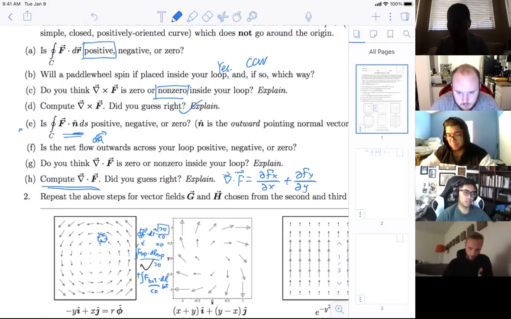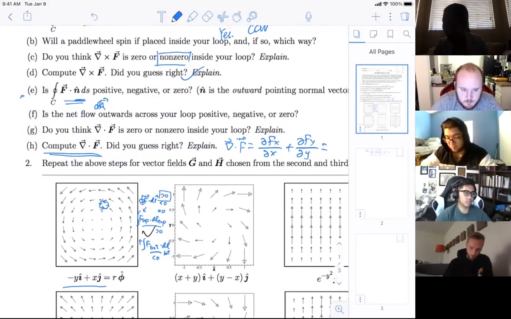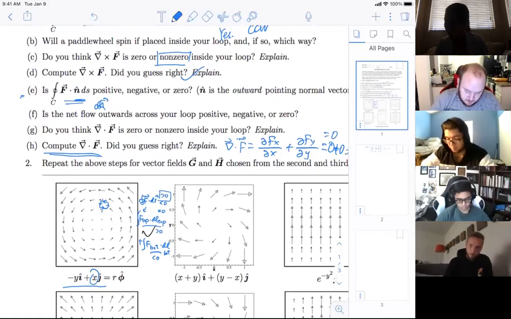It does not have a z component, so I'm not going to write it. The x component is negative y, which does not depend on x, so 0. Likewise for x, the derivative with respect to y is 0, so we get a 0. We get a 0 divergence. So now we want to see our mathematical result match up with the conceptual one.